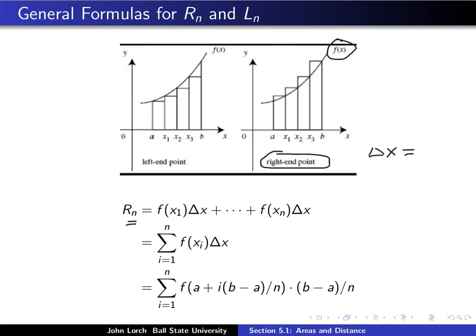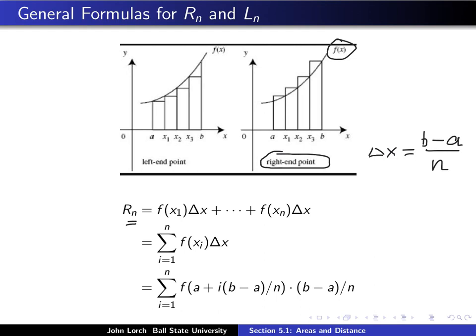And how big are those pieces? Well, in the last example, each one of those pieces was of size 1/2, which we obtained by taking the length of our interval, which was 4 minus 1, or 3, divided by the number of rectangles, which was 6. Here, the size of each piece is going to be the length of our interval, which is b minus a, divided by the number of rectangles, which is n.